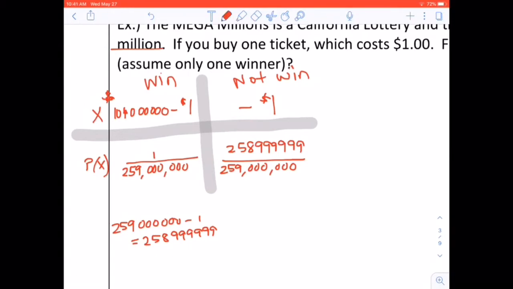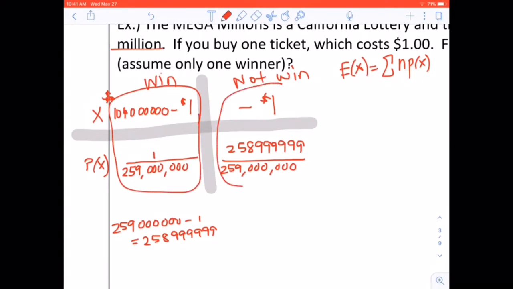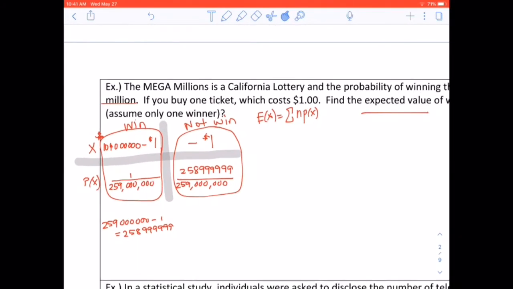In order to calculate our expected value, it is equal to the sum of x times P of x. So we have x times P of x for winning, and we multiply those together. Then for not winning, we have our x times P of x, and we multiply those together and add this up.